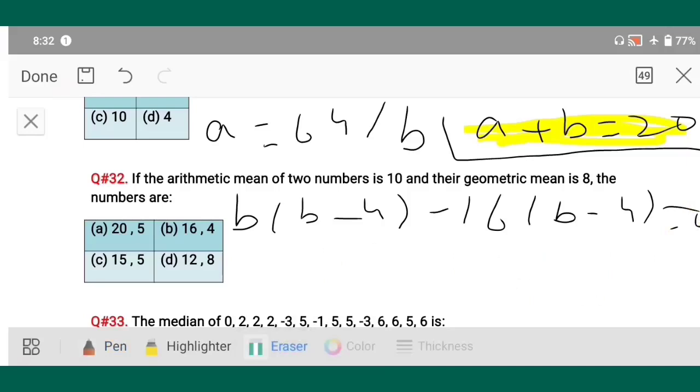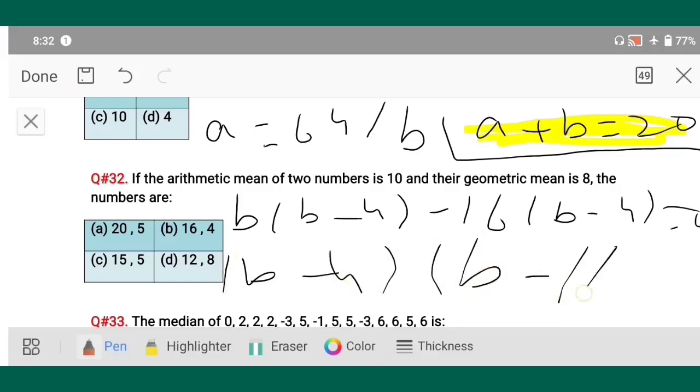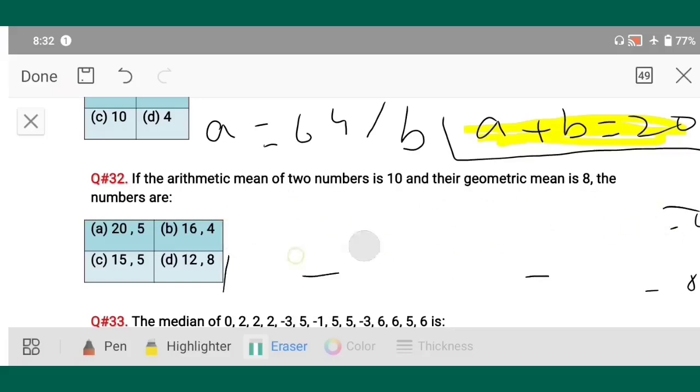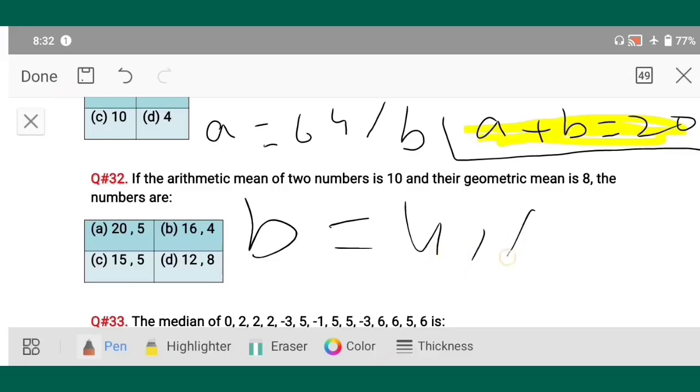So we have b minus 4 times b minus 16. So our two values of b are equal to 4 and 16.